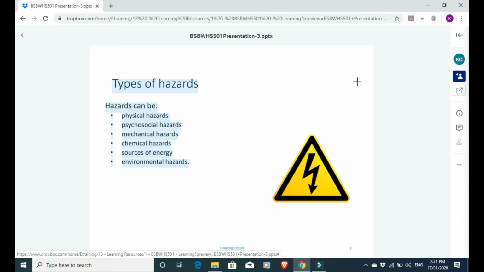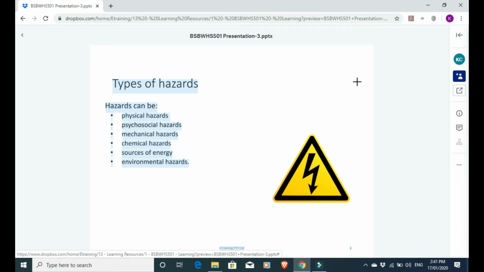And then when you talk of hazards, we have to identify what types of hazards exist in the workplace. Your hazards could be physical. Maybe in warehousing, you've got forklifts going back and forth, shelving, a lot of heavy equipment piled up in different places, and maybe slippery floors in kitchens and entertainment places.